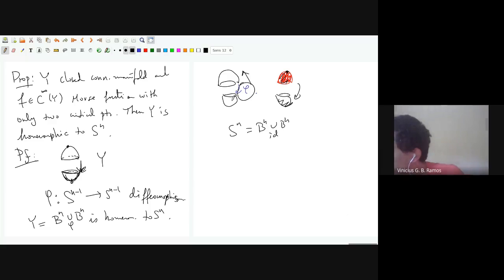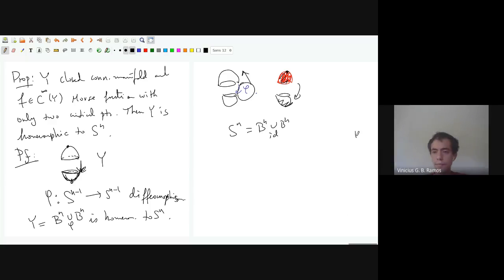I mean, this is an easy detail to fill. We're kind of running out of time, so let me just skip this part. But basically, you have to prove that there's a homeomorphism from here to here. You have to extend this phi all the way to the interior of the ball, and you can always do that, except that at the origin you might have a non-smooth point. That's why you don't get a diffeomorphism, you get a homeomorphism.